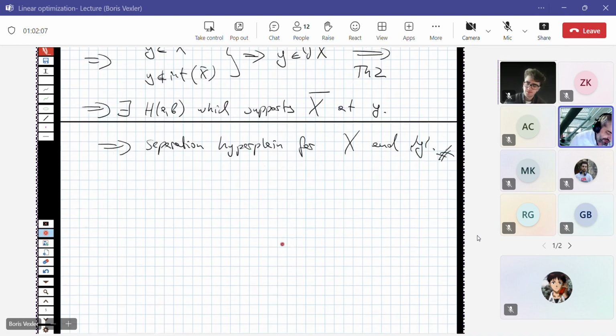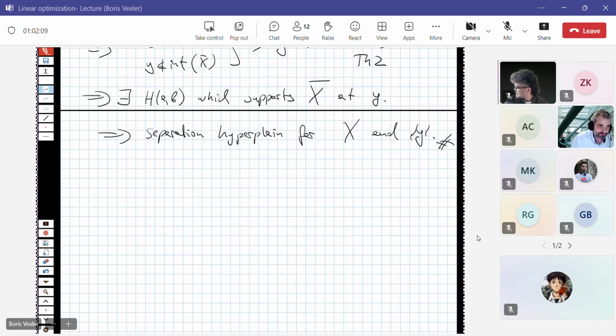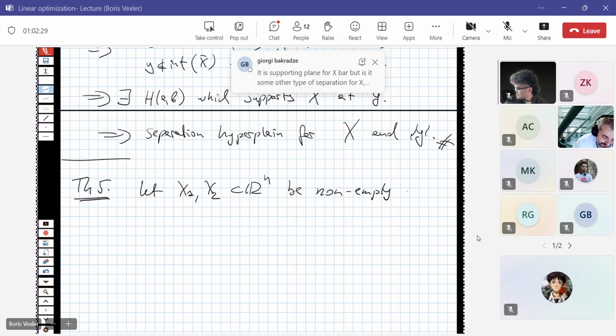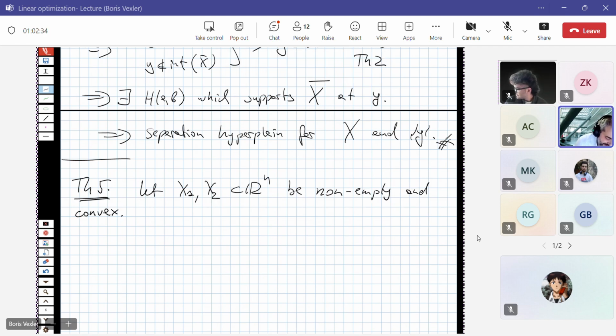And therefore we can now prove a stronger theorem, theorem 5, which says: let X1 and X2, both in R^n, be non-empty and convex, and let X1 intersected with X2 be empty.